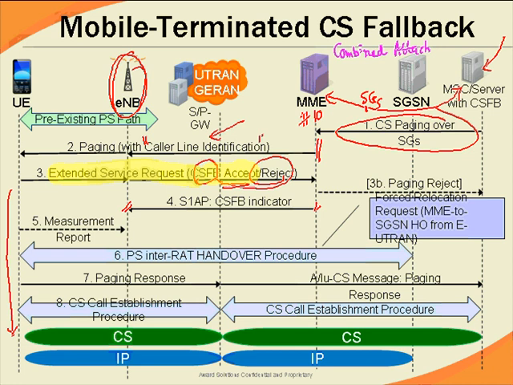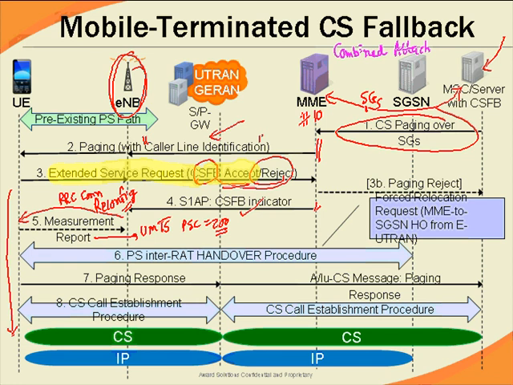The UE may get instructions through RRC connection reconfiguration to make measurements of another technology, but that is optional. If the eNode B does that, the UE will send a measurement report. Inside the report, we will say, let's say, UMTS primary scrambling code 200. So now we know this is the best cell to do the handover to.